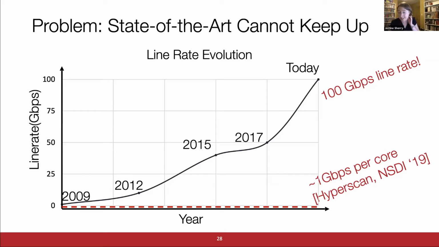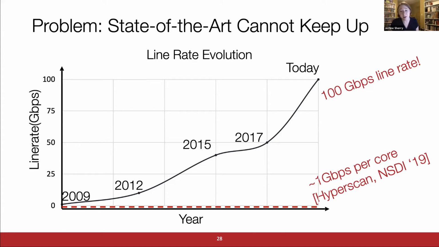This number already represented a huge leap in our ability to implement intrusion detection, and in particular to implement what's called deep packet inspection, that is scanning through those byte streams in IDSs. Prior to Hyperscan, we were doing an order of magnitude or even 2 orders of magnitude worse. Even with this phenomenal leap though, we're much slower than we need to be.